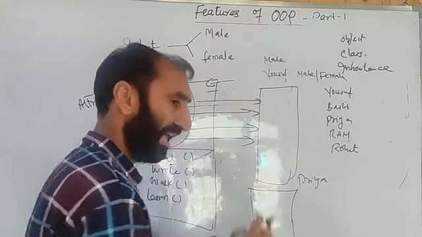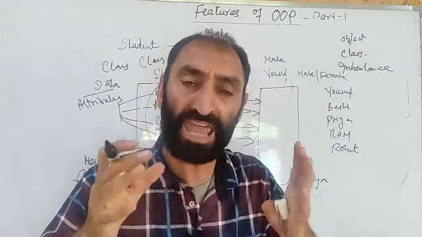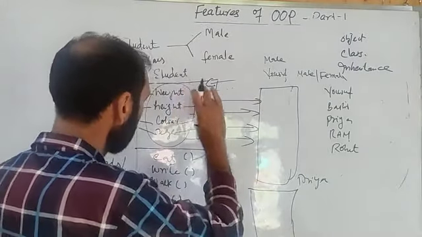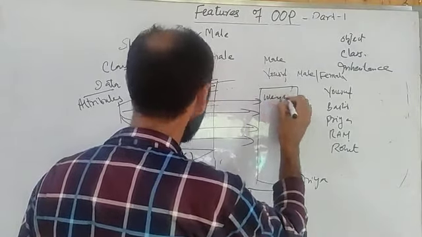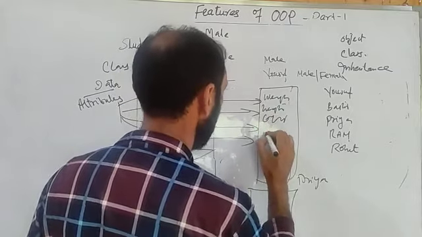it is better to inherit these properties, or you can say derive these properties. What is inheritance? Inheritance is the phenomenon of deriving a new class from an existing class. We can reuse these features here also: weight, height, color, and age.